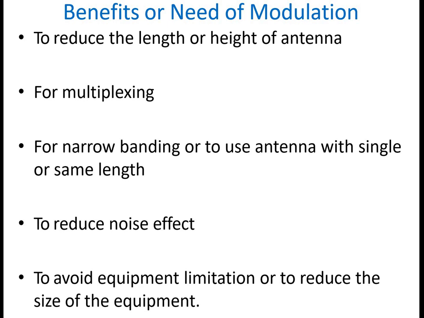That means multiple signals are given as input to the system and a single output is generated from multiplexing. Third, for narrowbanding, we can use the antenna with the same length. Fourth need of modulation is to reduce the noise effect. Whatever noise is introduced in the communication is reduced by using modulation. And last but one, the need of modulation is to avoid equipment limitation, or to reduce the size of equipment. These are some benefits provided by modulation.